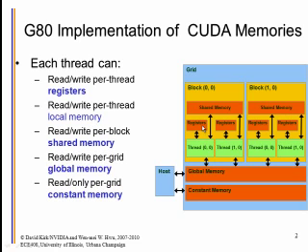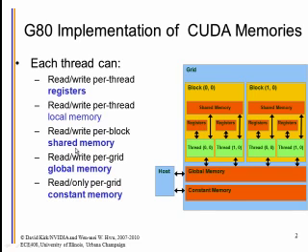Registers are also private to a thread, but registers are much faster than the per-thread local memory. Shared memory, on the other hand, is shared among all the threads in the block, so it is slower than the per-thread memory and registers.